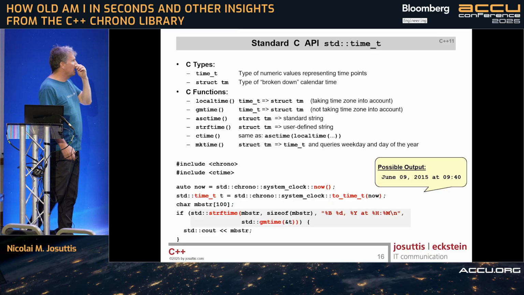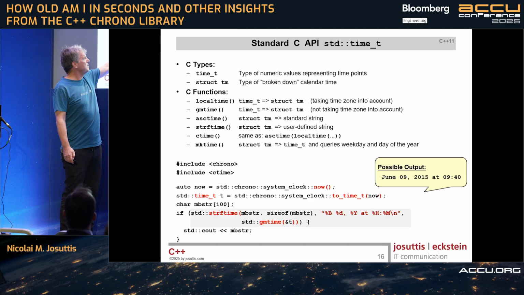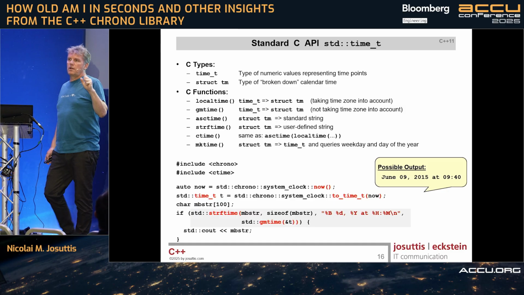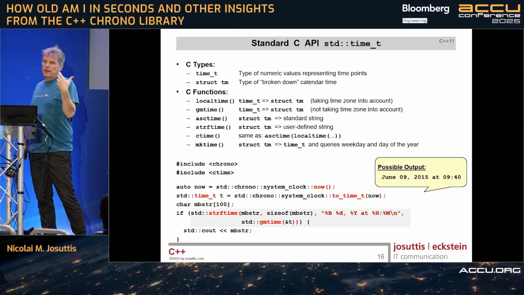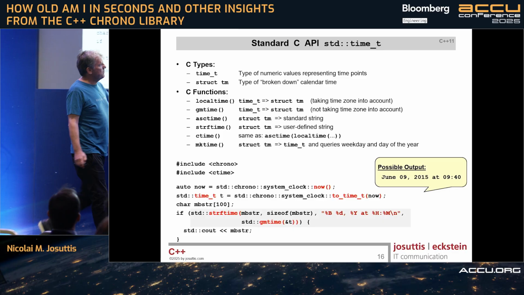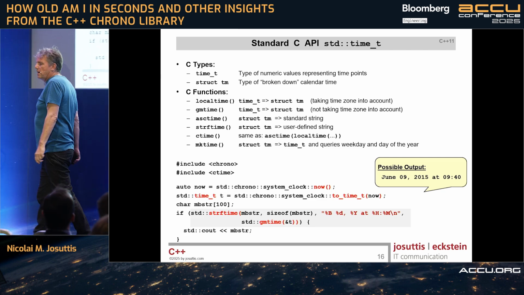Please note one thing: if you use a C library for formatting, you might use strftime. That's formatting into a string with a C function, and you see some specifiers here. These specifiers define the format you want to have.